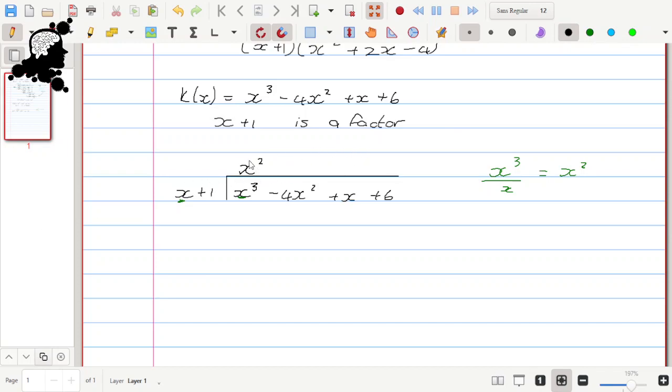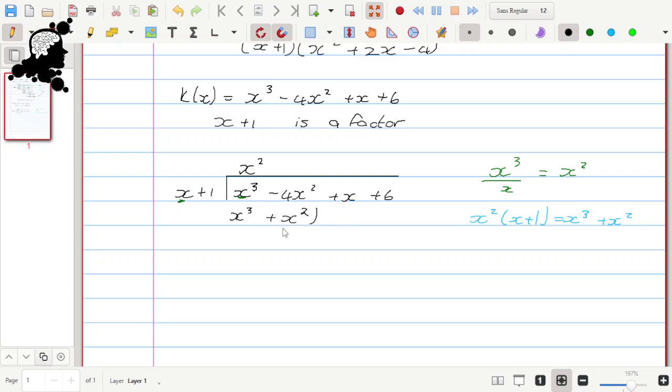The next step is I need to multiply this x squared with our factor. So x squared into x plus 1 is going to give us x cubed plus x squared. I need to put it underneath our cubic expression.